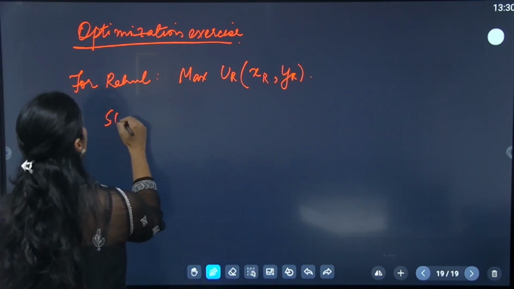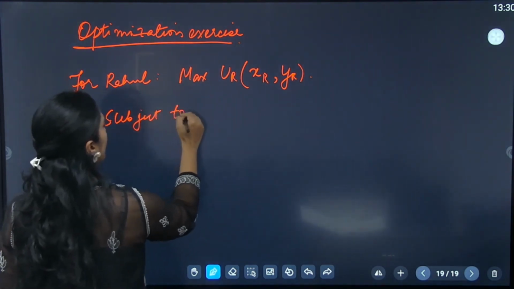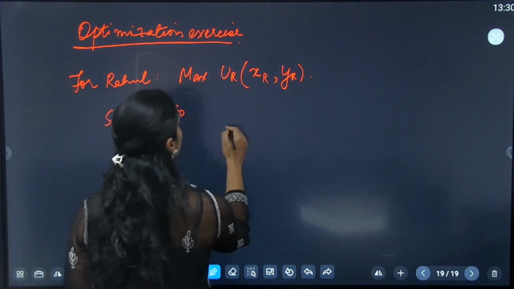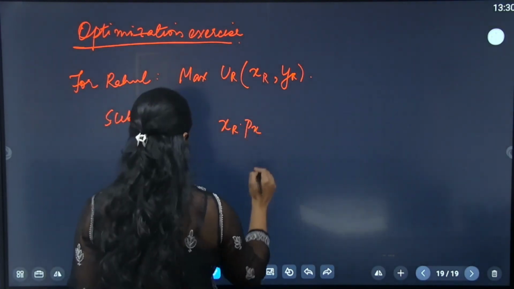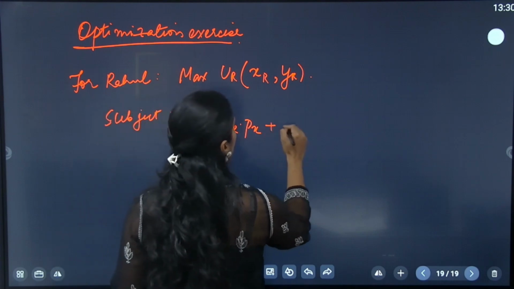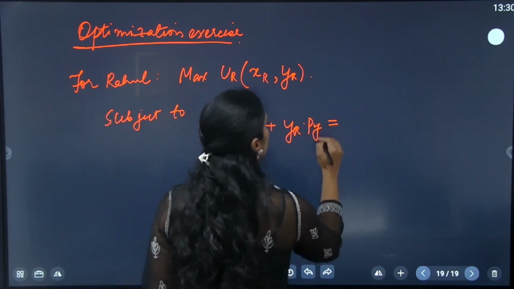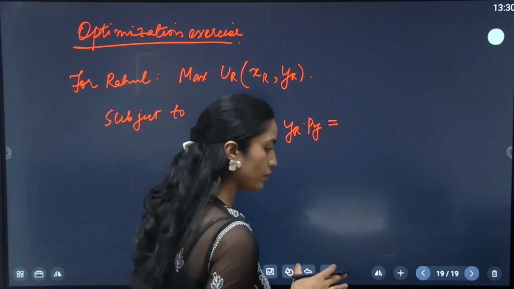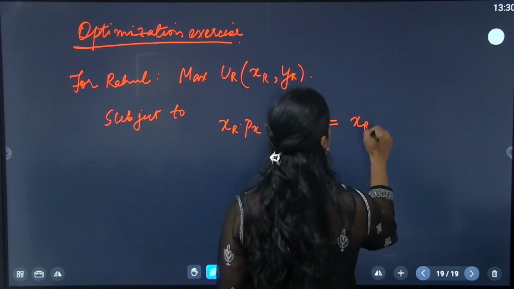Subject to the constraint that the value of the final bundle, xr times px plus yr times py, should be equal to the value that this person started with.